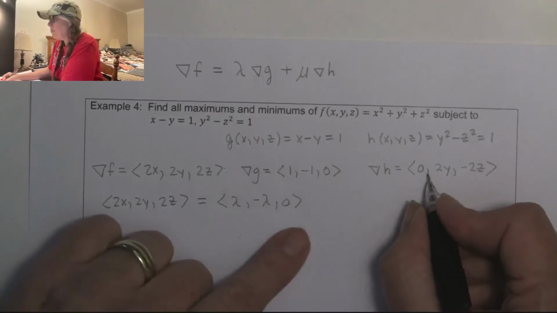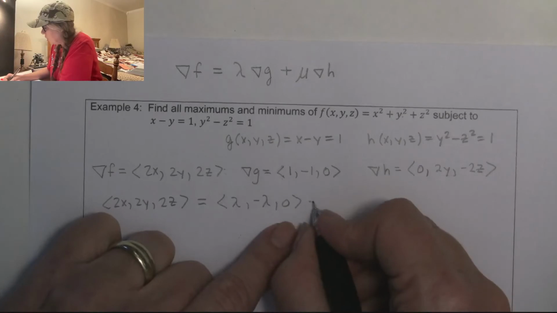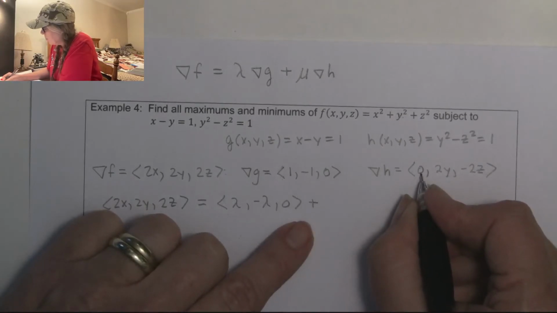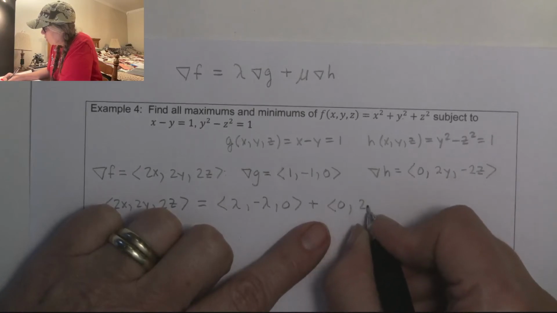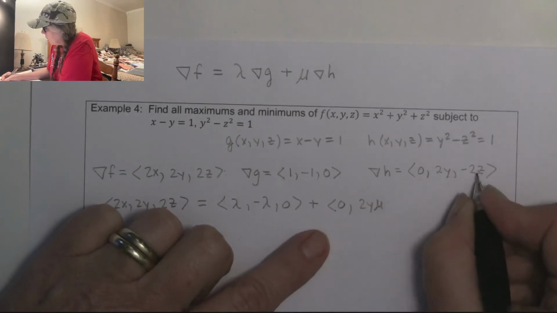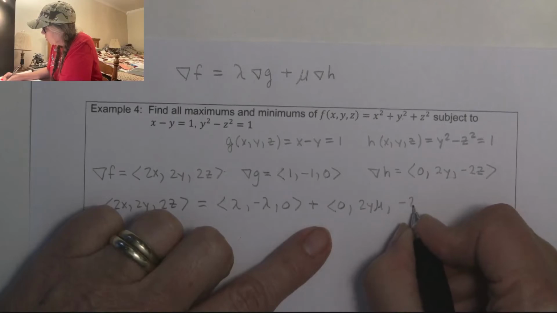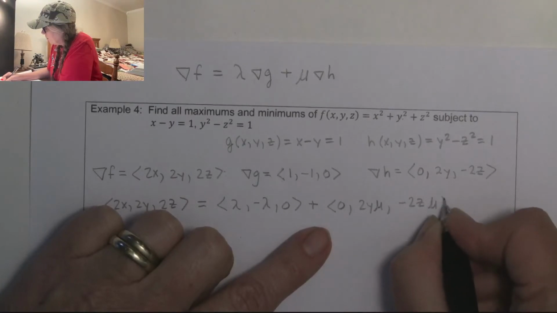And I want to multiply mu through h. And so this is going to be 0 times mu is 0, 2y mu, and minus 2z mu.